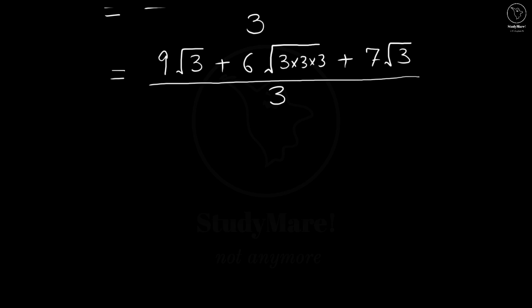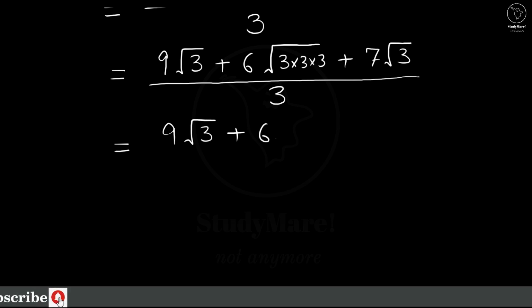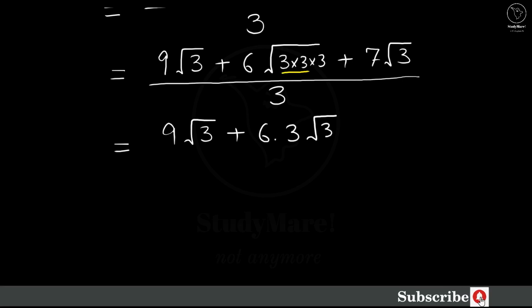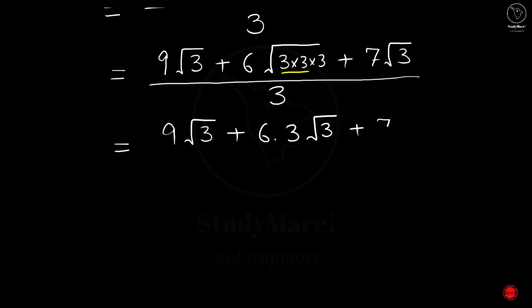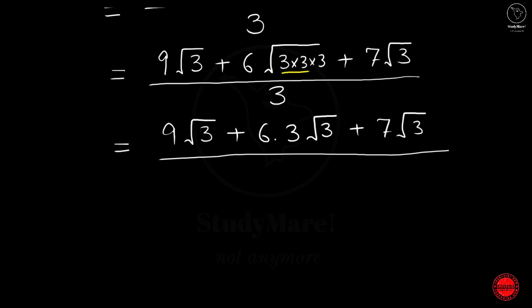Taking it further, we get 9 root 3 plus 6 into, here we have 3 into 3. So this can be pulled out of the square root radical, thus giving us 3, and inside we are left with root 3 plus 7 root 3 divided by 3, which is equal to, now we can take root 3 common as it is present in all the 3 terms.